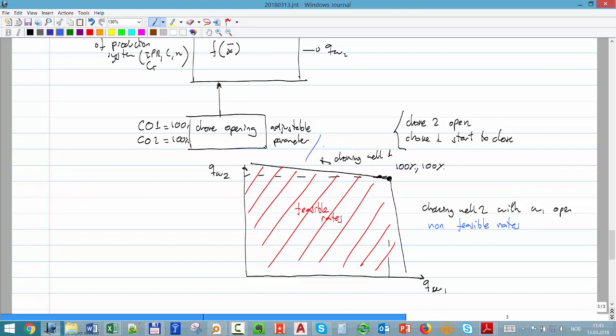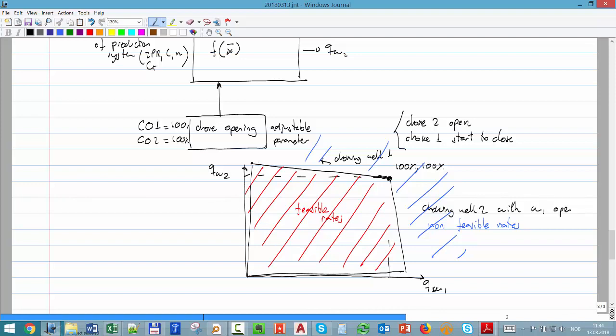All the area outside. Now let's make it a bit more realistic. Actually, the plot looks like that. It doesn't go all the way to the axis, but it looks something like that. And do you know what is the reason for that?